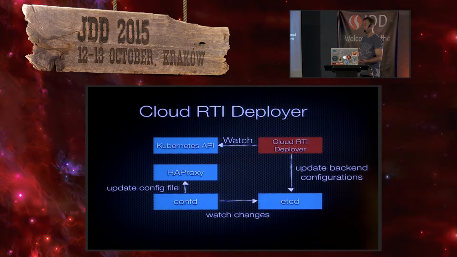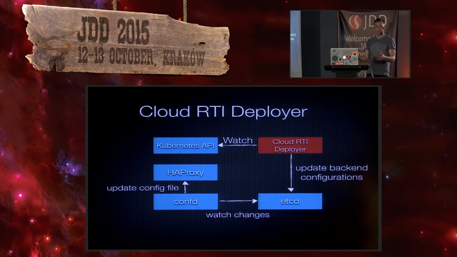So this is something that you probably have to write yourself. There are some different open source tools available, including the one that I'm going to talk about right now. We wrote a tool which we call the Cloud RTI deployer. This is just a tool that runs in your Kubernetes cluster, and it communicates with the Kubernetes API, and it watches for any new pods.